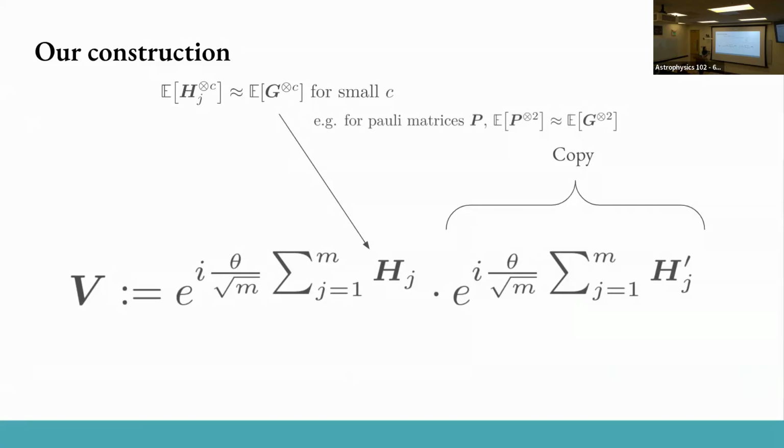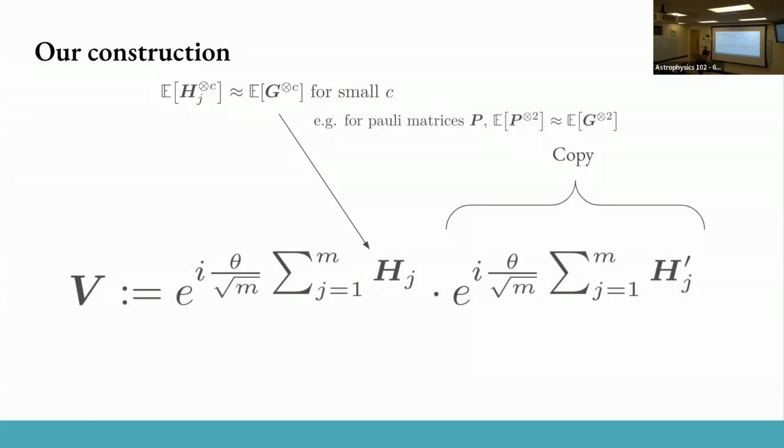The sum of Hamiltonians that's featured in each of these exponentials is of these objects H_j. H_j is going to be some matrix that matches Gaussian moments for low moments, here up to c for some small c. An example of this can be the Pauli matrices. The Pauli matrices match the second moments of a Gaussian.